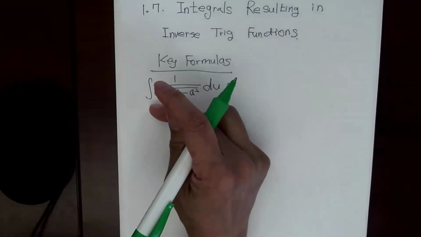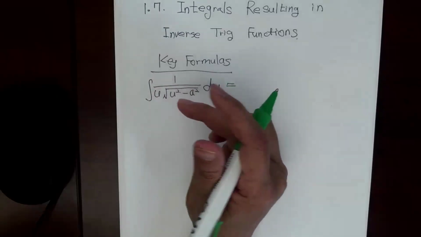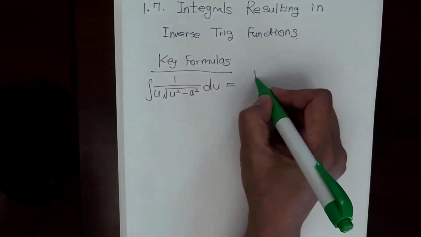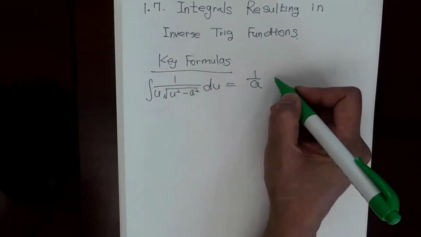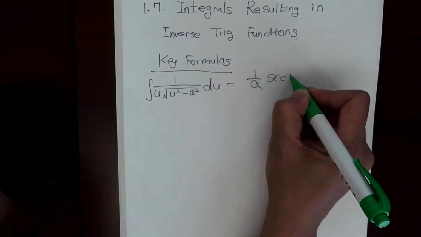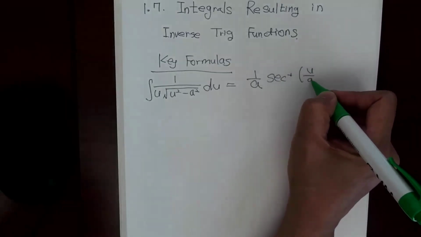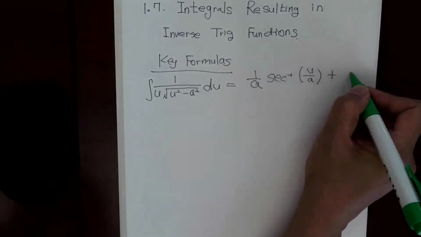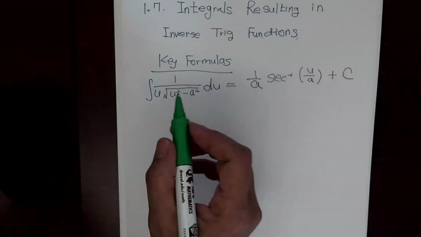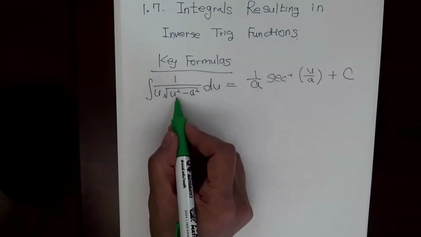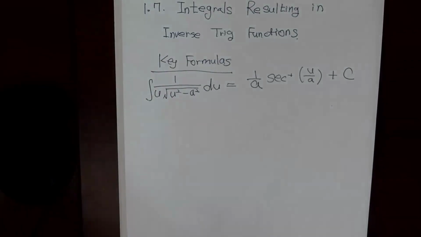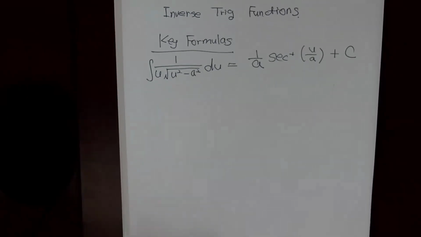So something is multiplied outside, and then that is 1 over a secant inverse of u over a plus c. What is important? Both are just purely squared. There is no number in front of the variable.